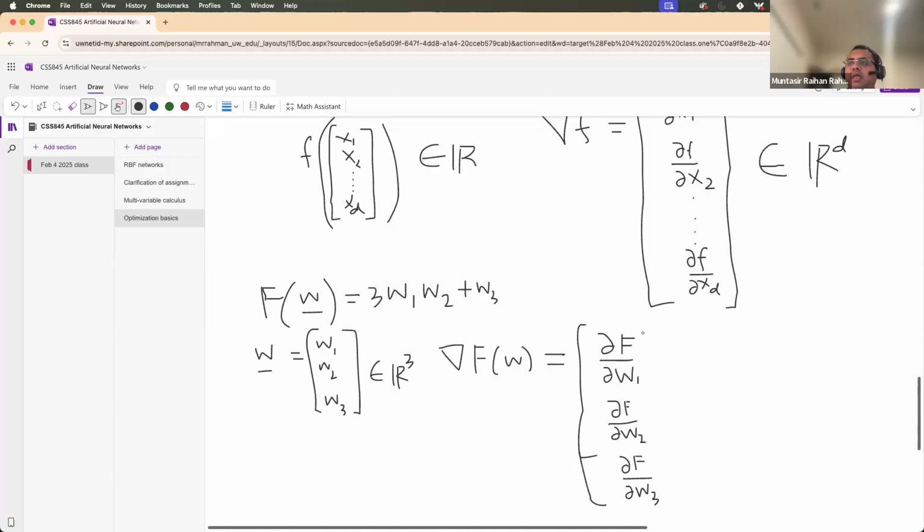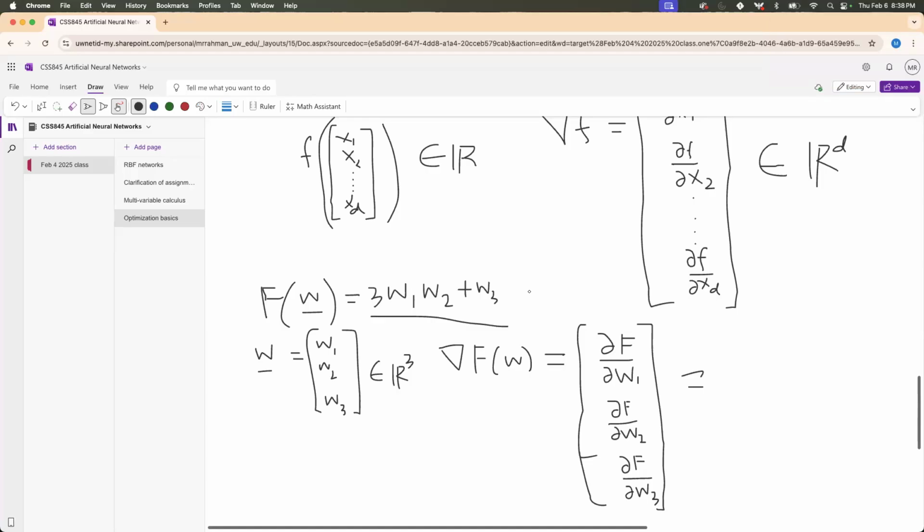Okay. And now let's try to compute them. So we have this function here. What is the derivative of this function with respect to w1? Anyone want to try? 3w2. 3w2, right? Because w3 is considered constant with respect to w1. w2 is a constant with respect to w1. So this is the parameter w1. So we just take 3 and w2. So it's going to be 3w2.